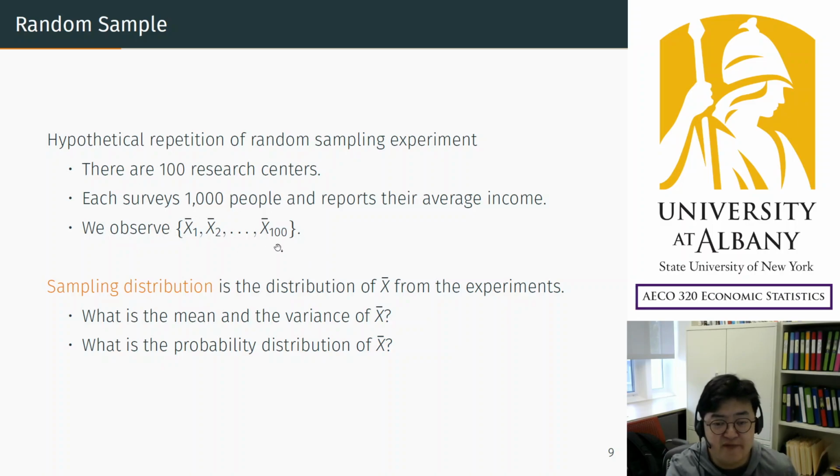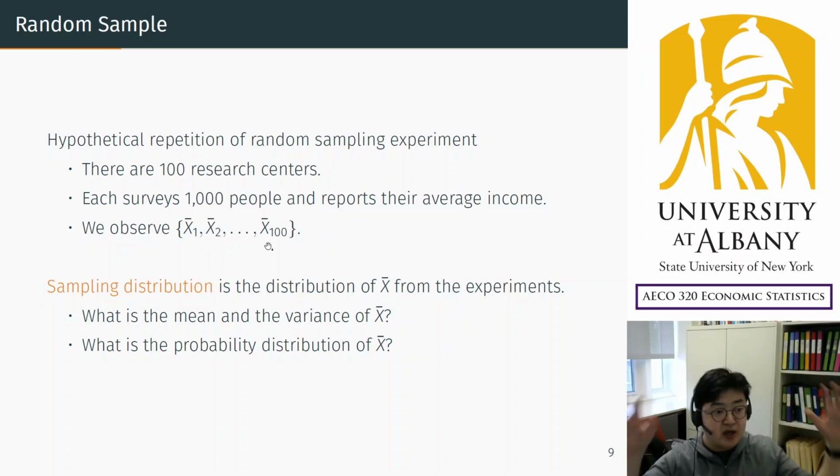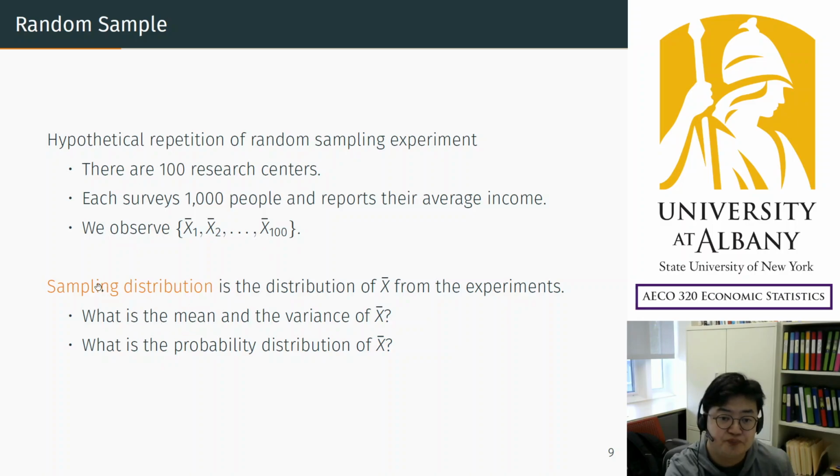And if you build more research centers, and if you could have an infinite number of research centers, you can think of a sampling distribution, the distribution of their averages. We are going to call that the sampling distribution because one experiment is random sampling.